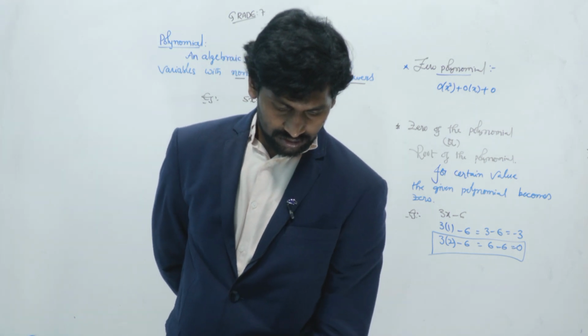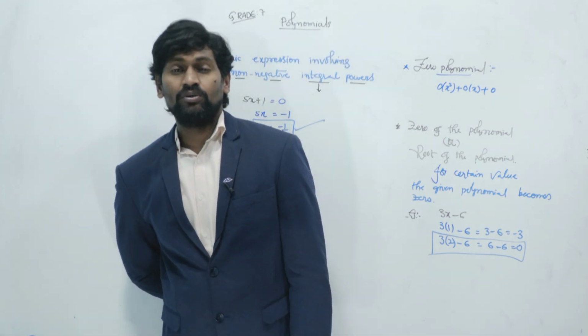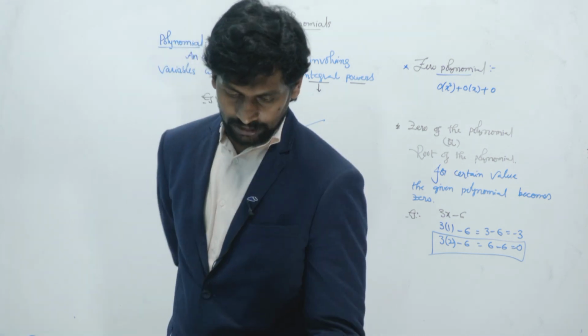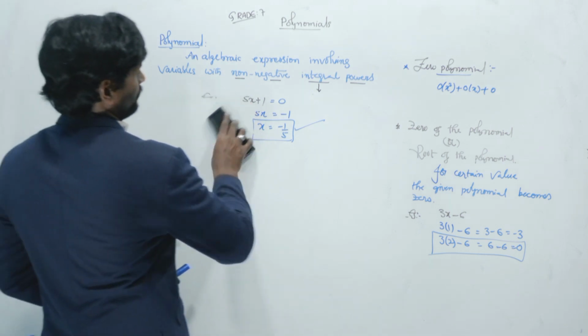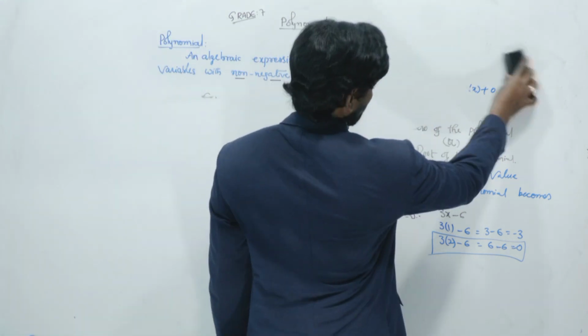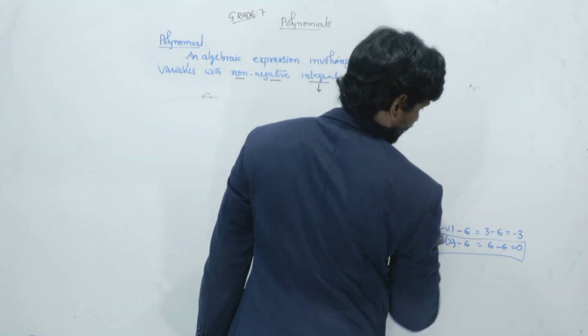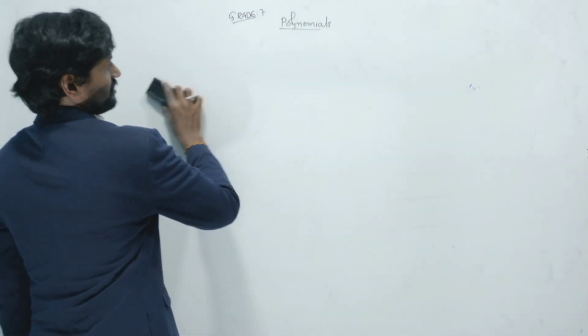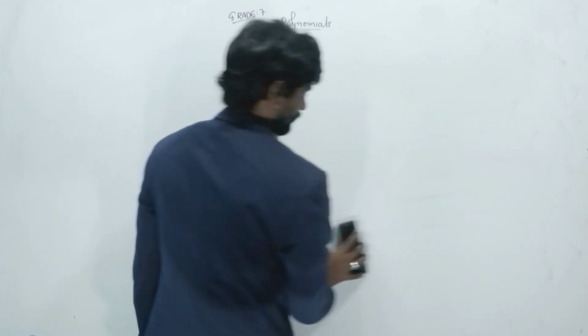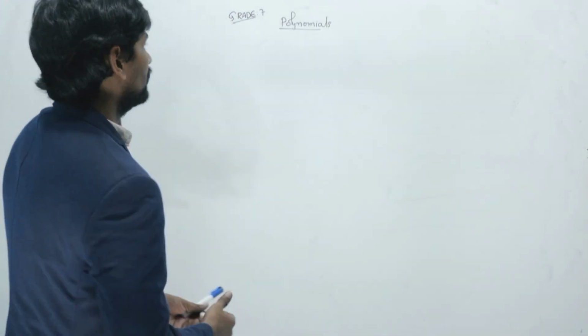Right. So we need to go to concept based question CBQ practice sheet 1. So polynomial synopsis 1. I hope you understand the concept of the polynomial. Now let us go through the concept based questions.